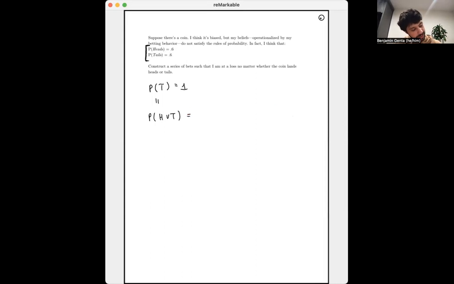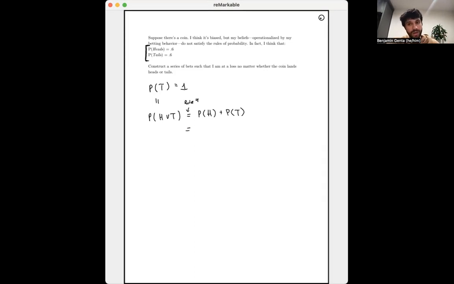But here, by rule 4, we know that this is equal to the probability of H plus the probability of T. Remember that rule 4 only applies if H and T are mutually exclusive. But here they are, right? It can't be true that the coin lands heads and tails at the same time.